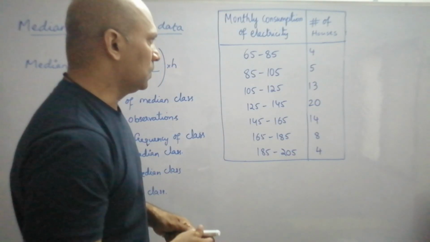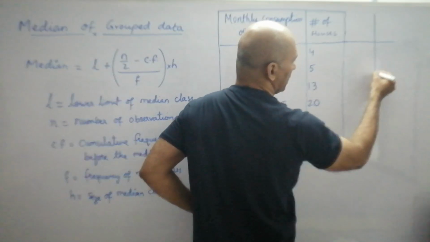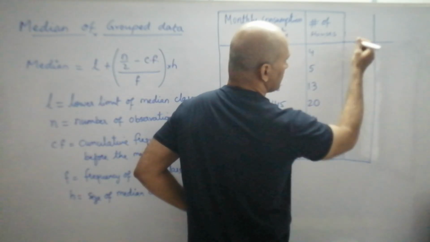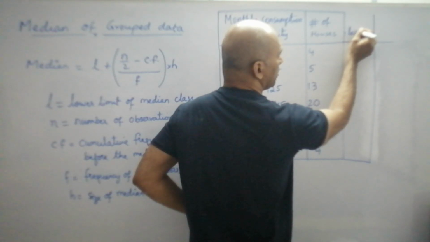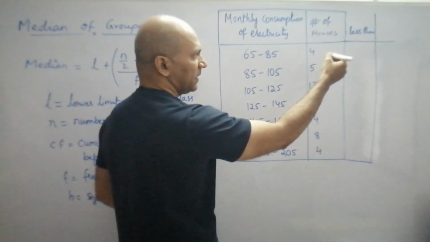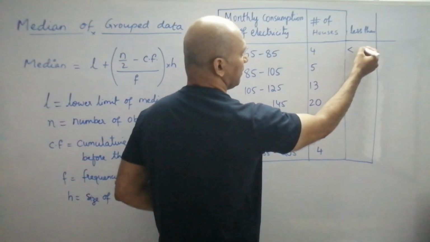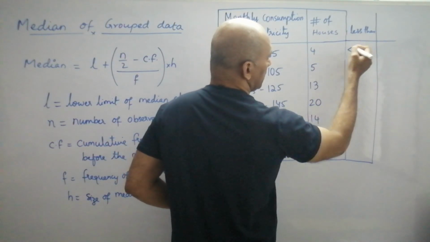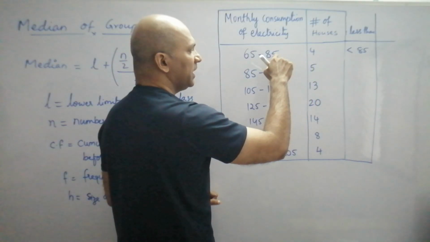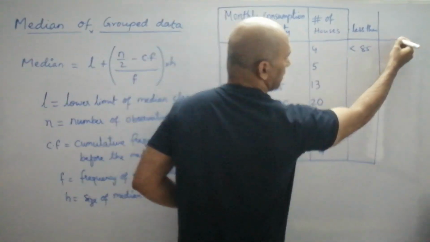When we are finding the median, it is better we write here less than or up to. So let us write less than. This is the less than symbol. Less than 85. So how many houses are consuming less than 85 units of electricity? 4 houses.